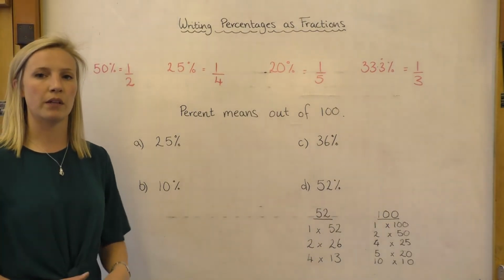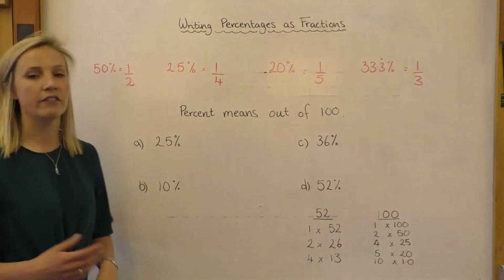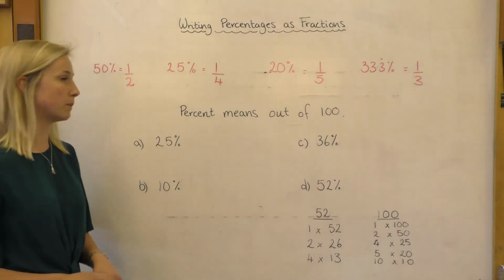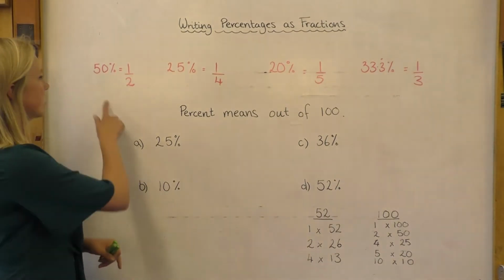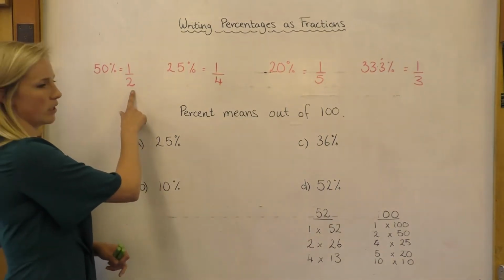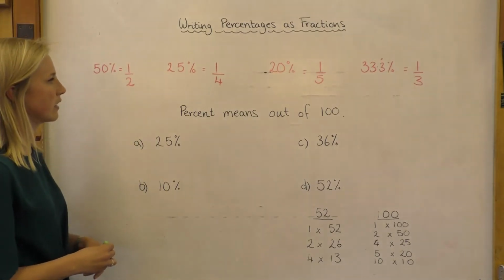And that's going to help us just with our general understanding of number and being able to find fractions and percentages of amounts. So the first percentage that we should be able to write as a fraction is 50%, which is a half. And most of us from primary school should be quite familiar with that.